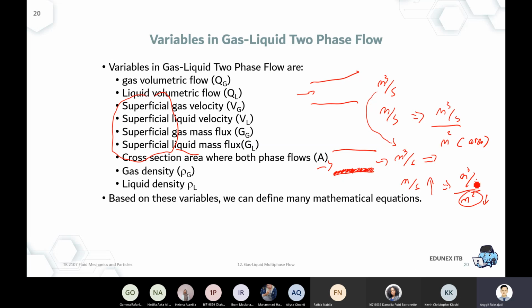So the available pipeline area that can be used to send the fluid is smaller. So sometimes we refer to it as the superficial velocity. Superficial means it's unfilled by anything. Even though there may be some deposit at the bottom, we still assume all of the area can be used to properly send the fluid.